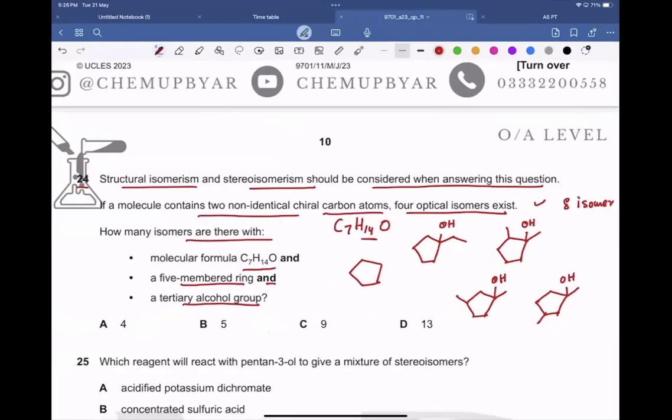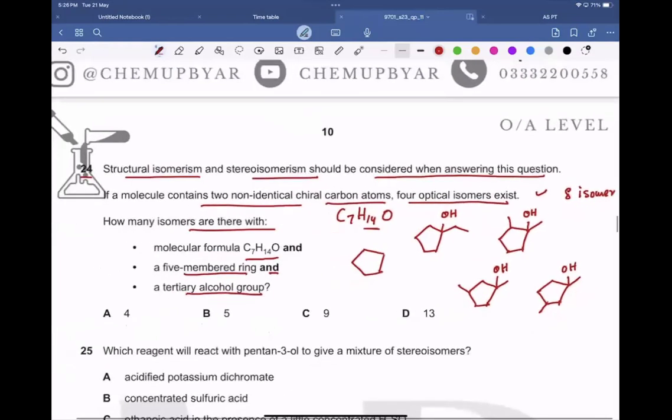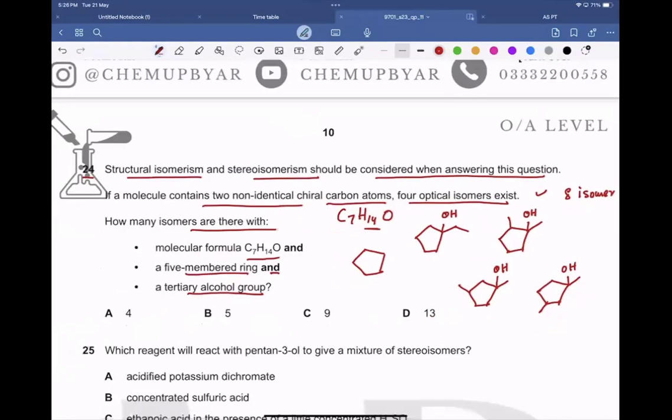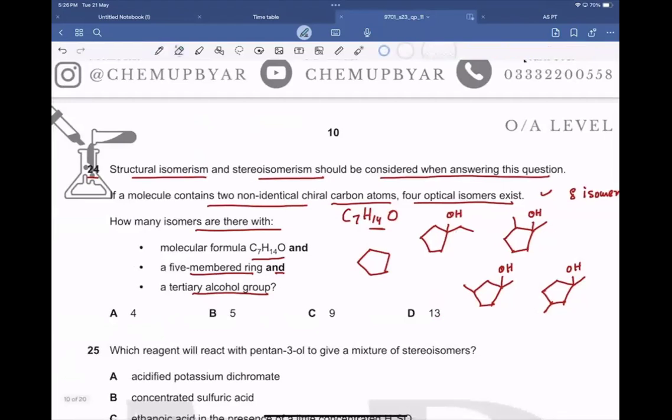Otherwise, if I'm drawing like this, then these are basically C7H16O. So there is one possibility, a double bond lies over here.